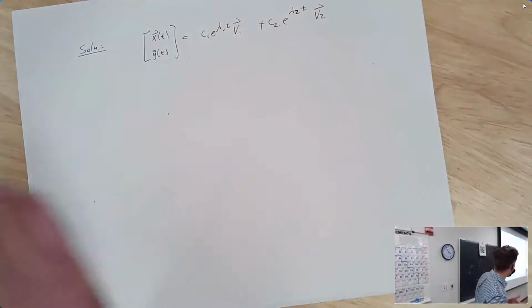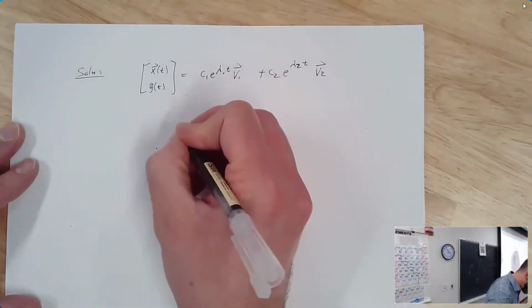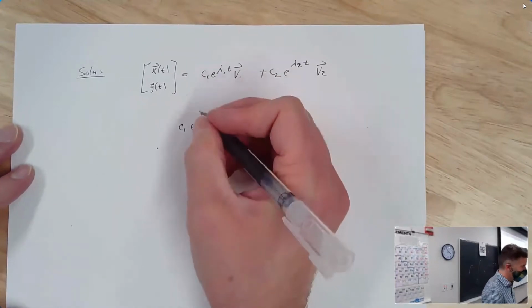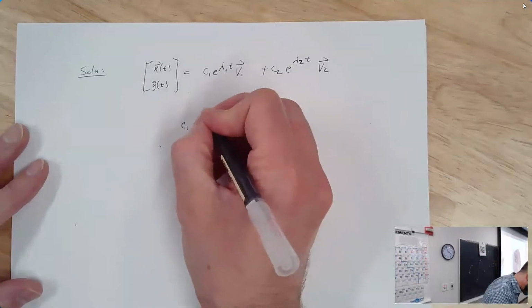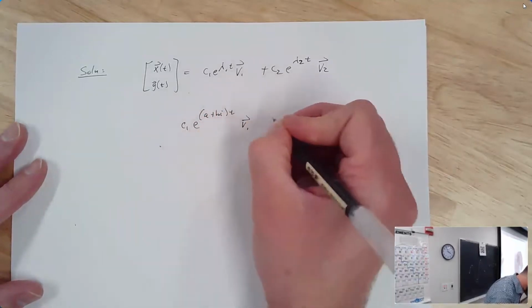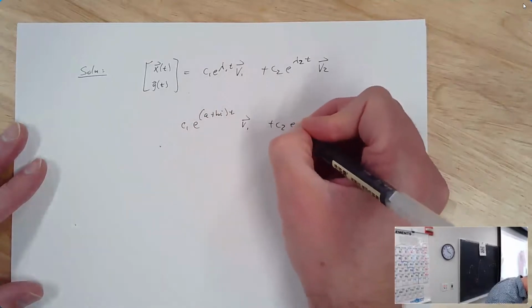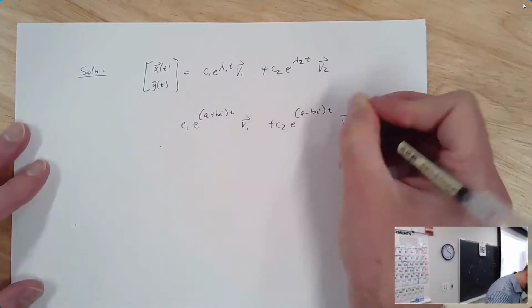What's happening is you're having your c1 e to your lambda, which normally would be like an a plus or minus bi, right? Because it's complex. You have your a plus bi times t times v1 and your a minus bi times t times v2.